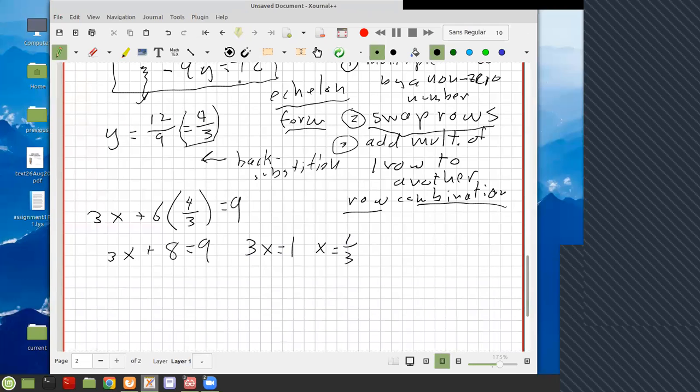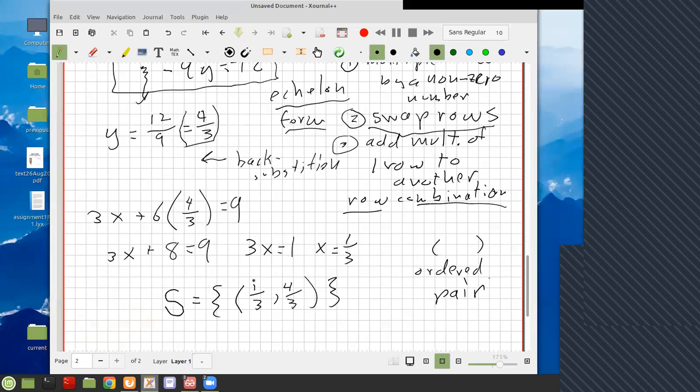This system only has one solution, so we're going to record it as the solution set equals. Now, the parentheses here mean an ordered pair, so the order matters.